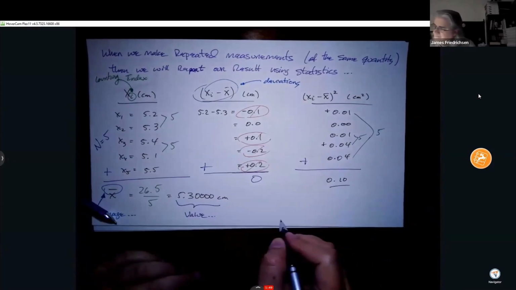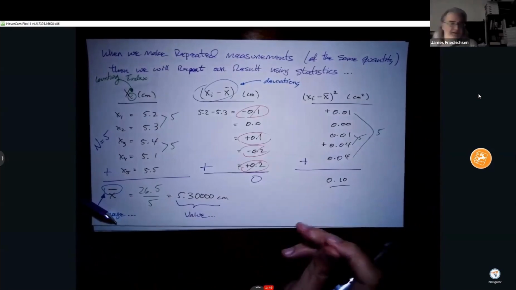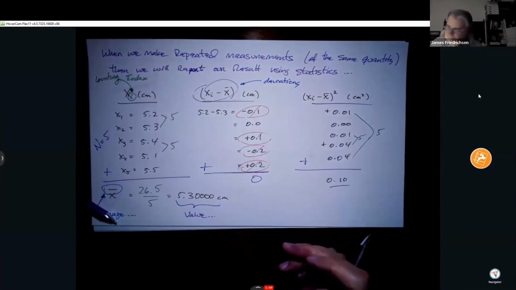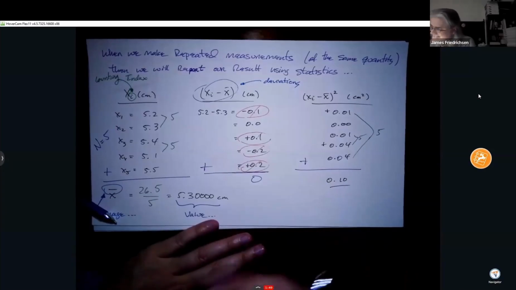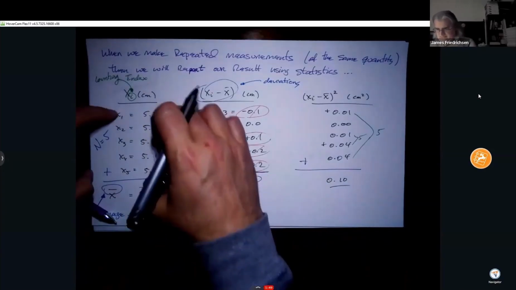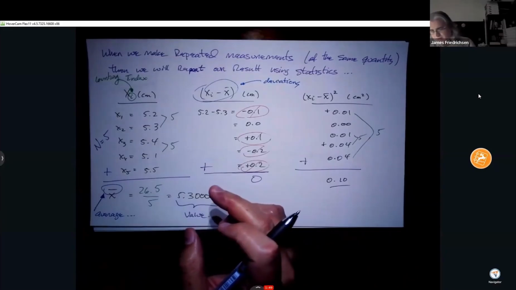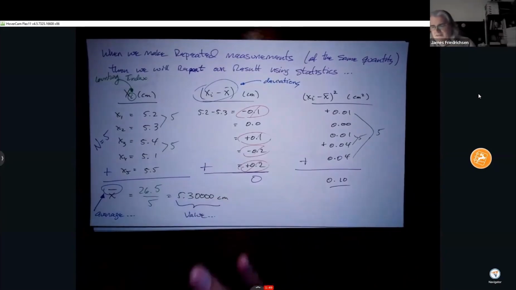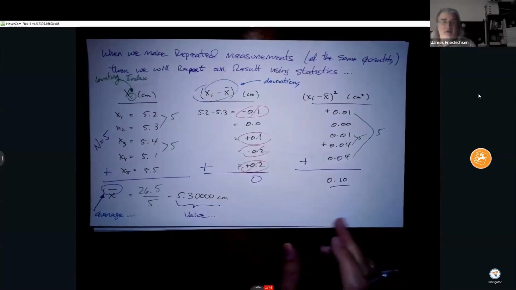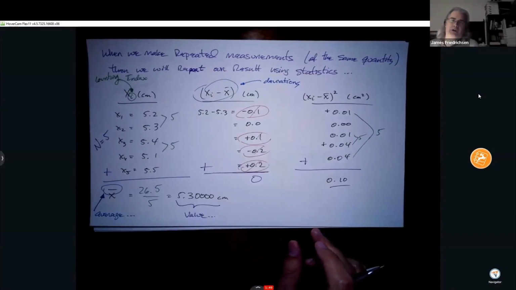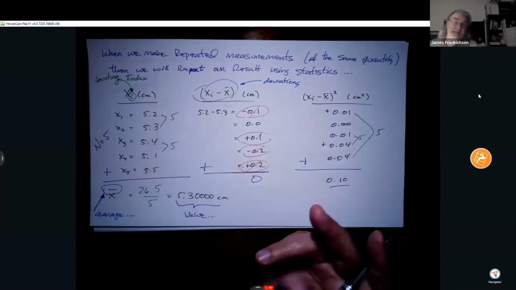And then there's another little glitch. This is due to a statistics thing: if these data points were the entire population of data that you could collect, we would divide by how many. But really we could always make more measurements.